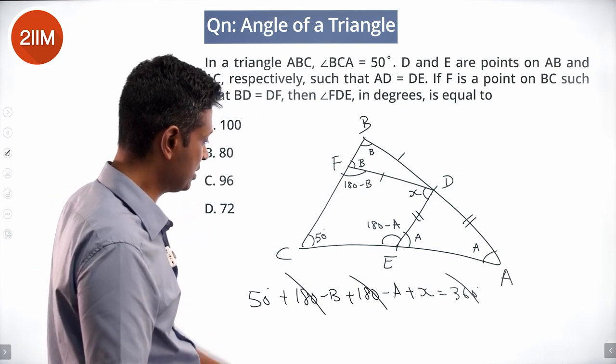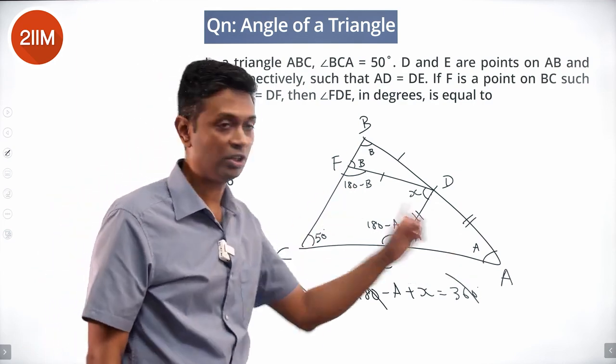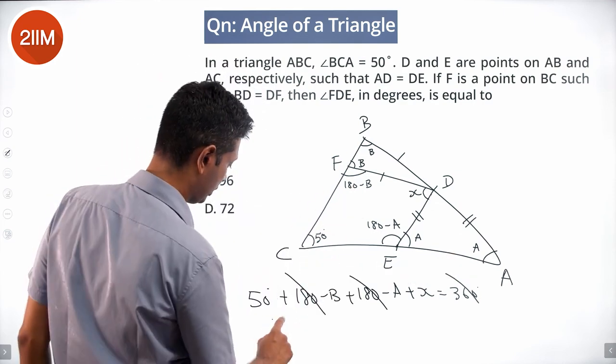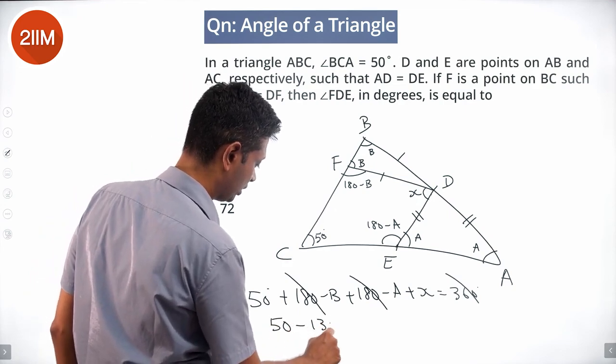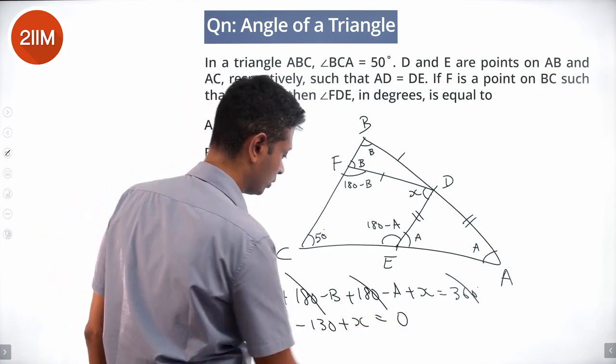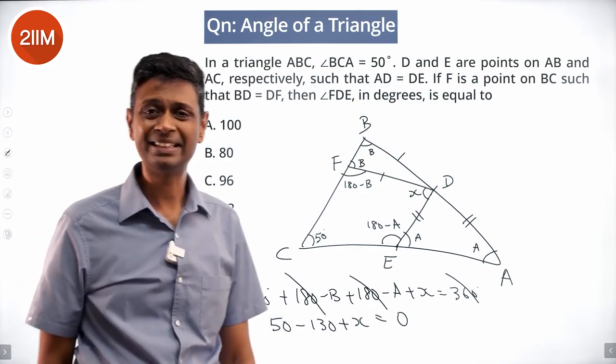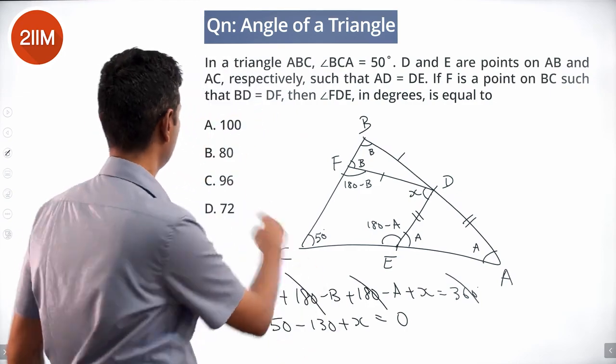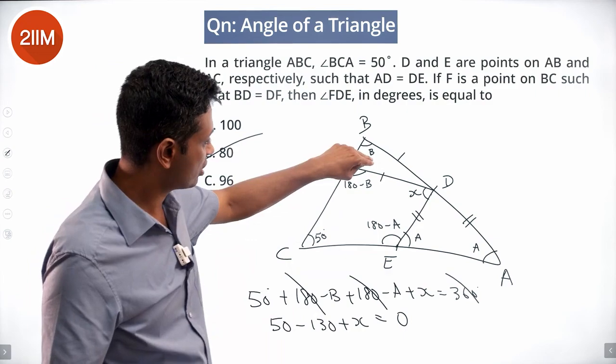A plus B is 130 degrees. So 50 minus 130 plus X equal to 0. Or 50 minus 130 is minus 80. X minus 80 is 0. X is 80 degrees. Isosceles triangle, isosceles triangle.